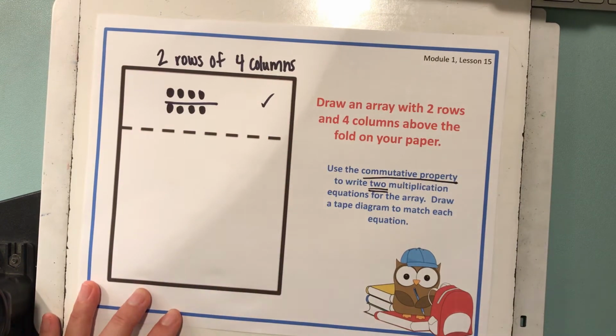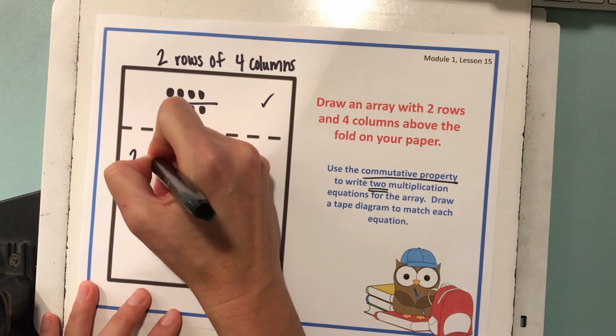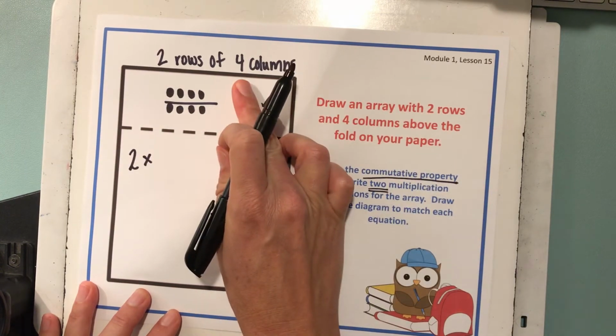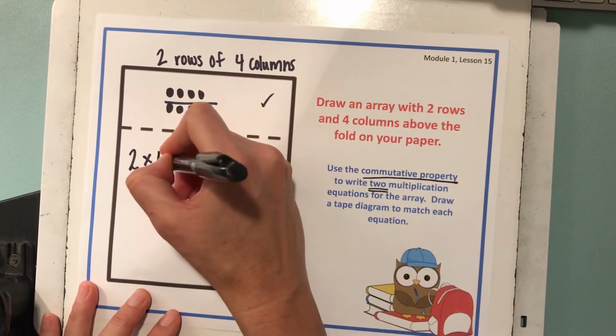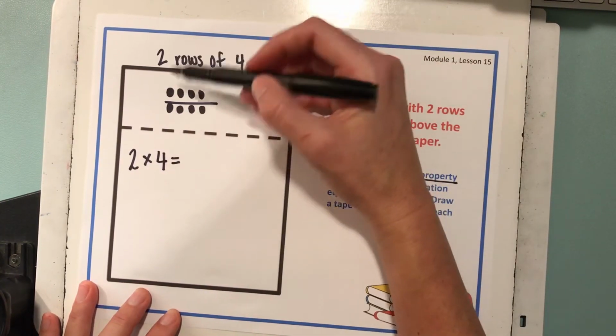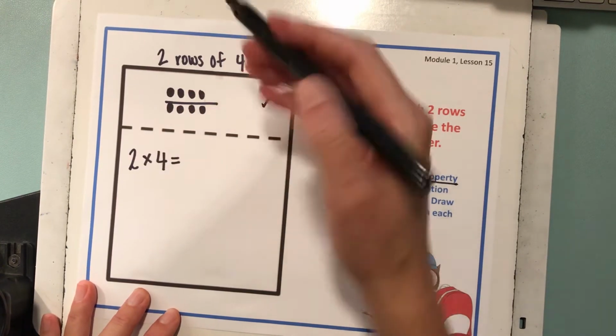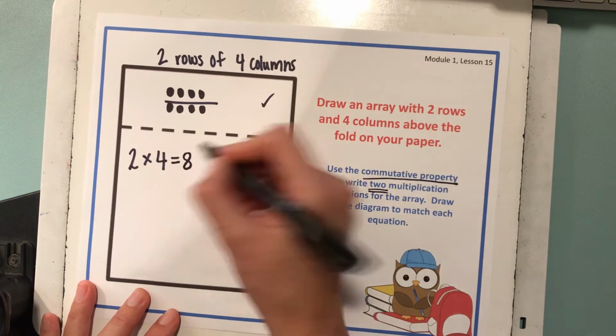So what would be my multiplication sentence for this? Think about that. What would it be? Well, I have 2 rows, so 2 rows times, how many were in each row? 4 equals, what's my total? Well, let's skip count. Ready? 4, 8. 2 times 4 equals 8.